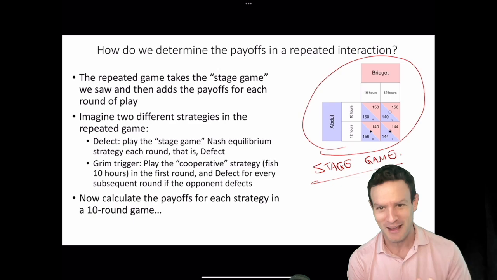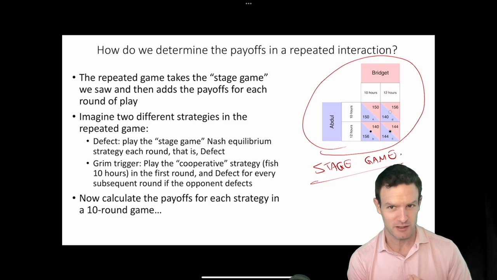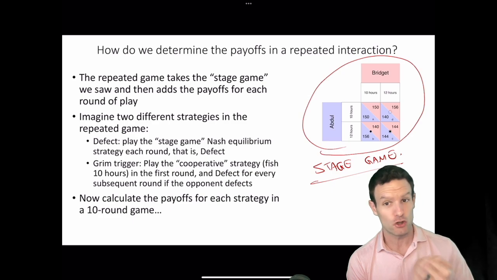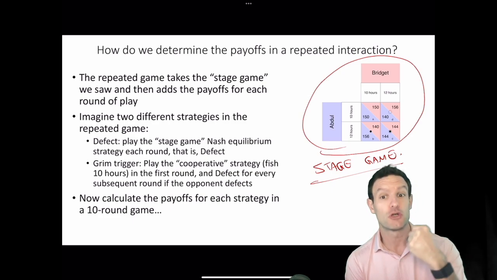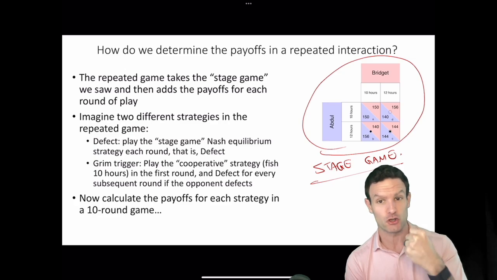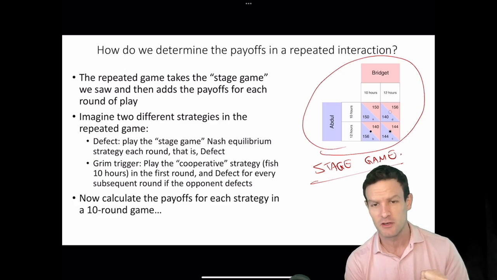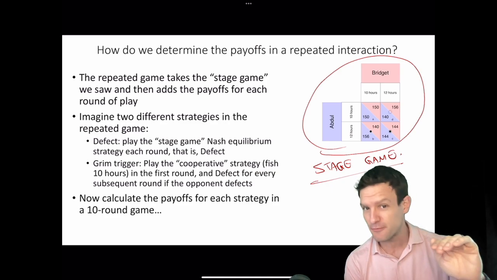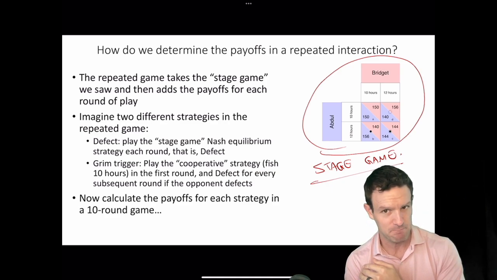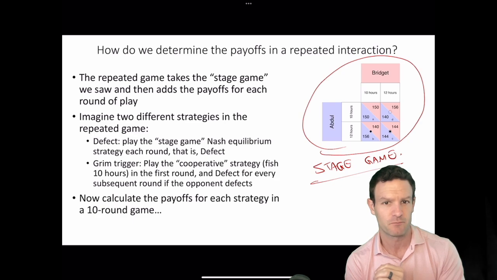Or if your opponent defects once, you defect the rest of the game. It's not at all a forgiving trigger strategy or conditional strategy. So what it means is you're going to start off cooperating. You're starting off playing the cooperative social optimum strategy of fishing 10 hours. But then if your opponent ever defects, you defect for the rest of the game. That's what grim trigger does.